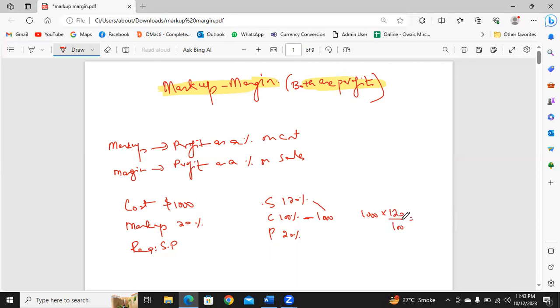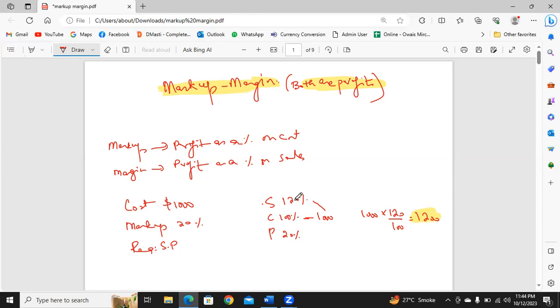So 1000 into 120 divided by 100. Sales is basically 1200. So simply the approach is the SCP approach: sales, cost, and profit. Markup is 20%, so profit is 20%.